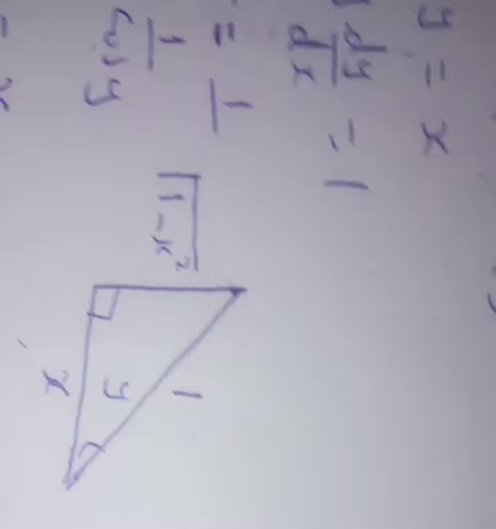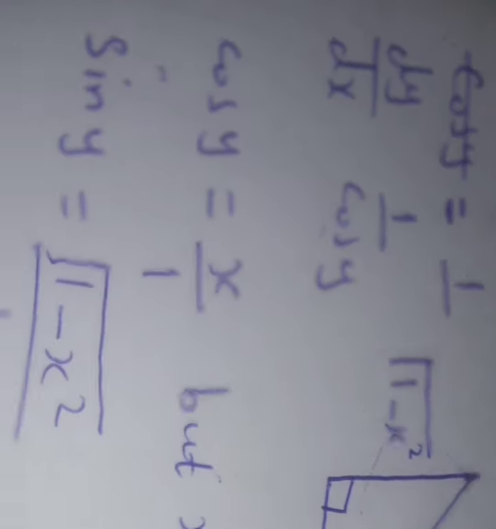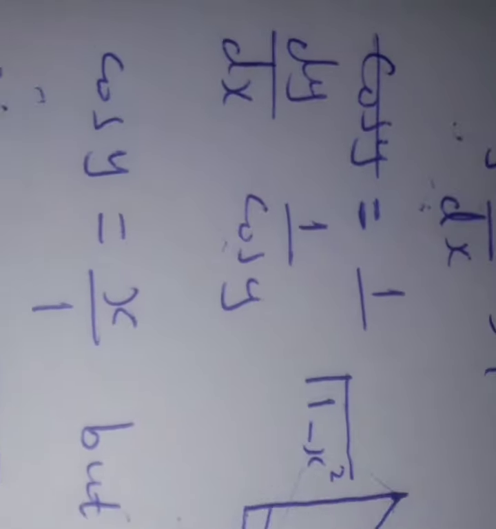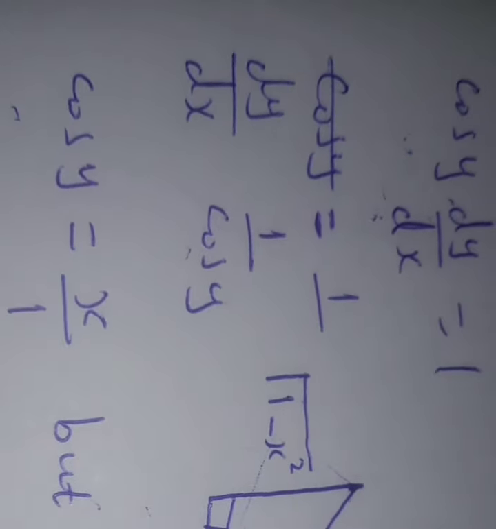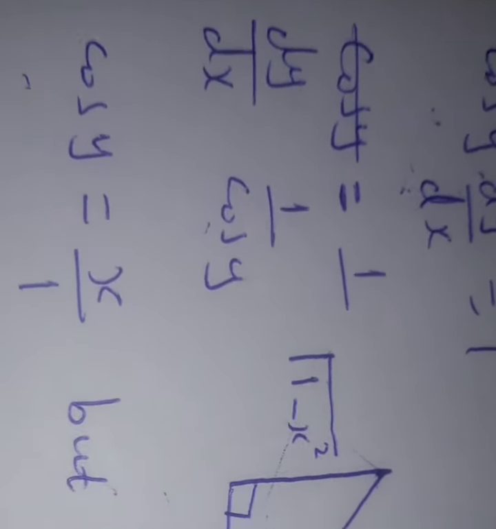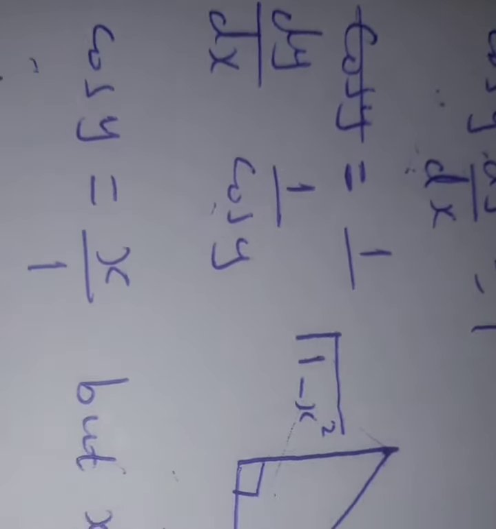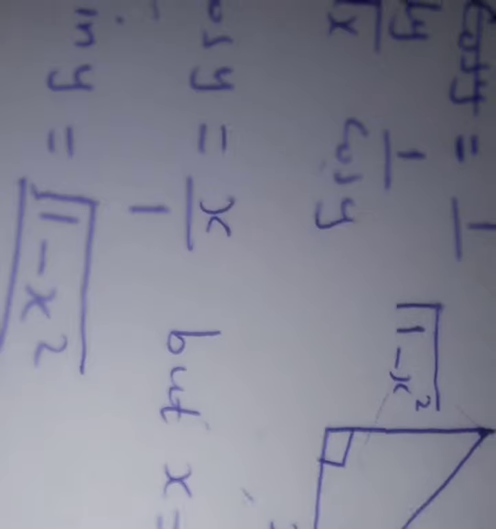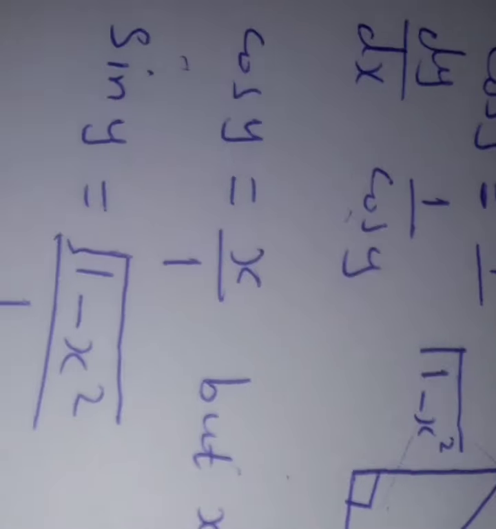Then cosine of y will be given by adjacent over hypotenuse, which is equal to x over 1. x divided by 1, that is the cosine of y.